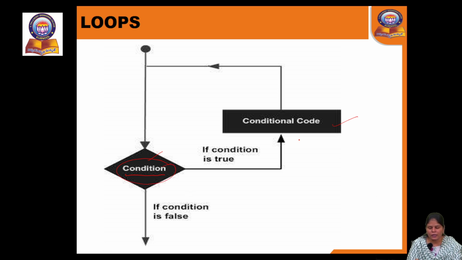So the decision of these statement executions will depend on this condition. The repetition of the code, that means how many times this conditional code has to be executed, will mainly depend on this condition. If you want to execute a set of statements repeatedly based upon some condition, that condition is mentioned here. If the condition is true, the statements will be executed.